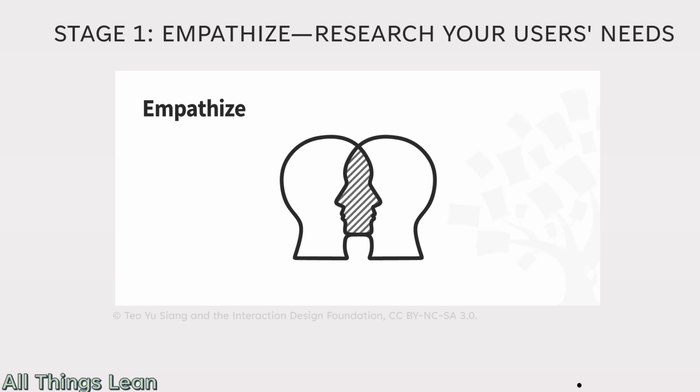Consult experts to find out more about the area of concern and conduct observations to engage and empathize with your users. You may also want to immerse yourself in your user's physical environment to gain a deeper personal understanding of the issues involved, as well as their experiences and motivations.